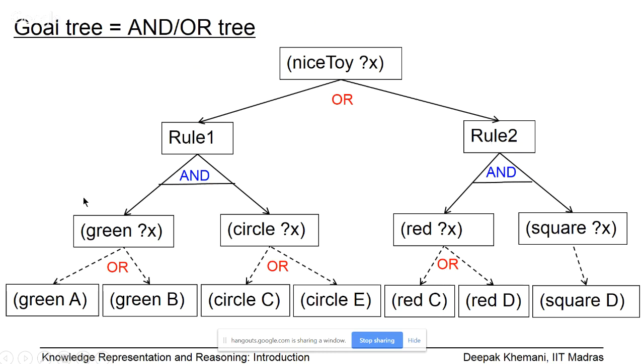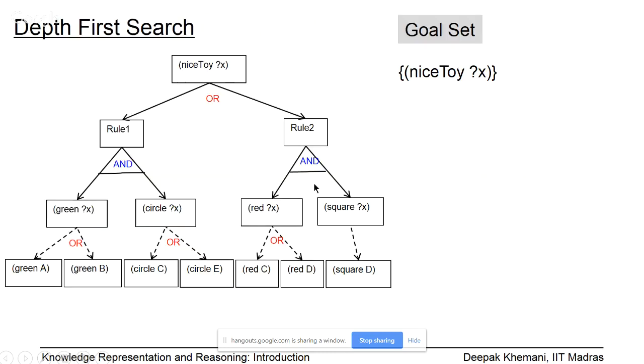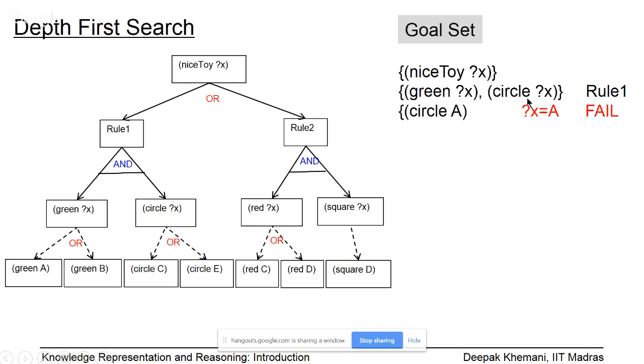Then you can see that the backward chaining engine would search through a tree like this and eventually come up with an answer. So it will start off by asking, is there something which is a nice toy? And then first it will try the left hand side and say, okay, is there something which is green and which is a circle? And then it'll find that yes, A is green, and therefore it'll ask the query, is A a circle?